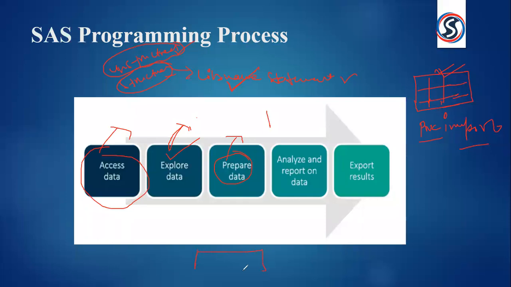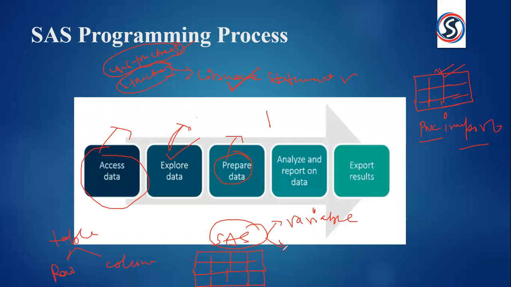In SAS, suppose this is a table. As you know, a table consists of rows and columns. When I'm talking with respect to SAS, SAS has variables and observations.